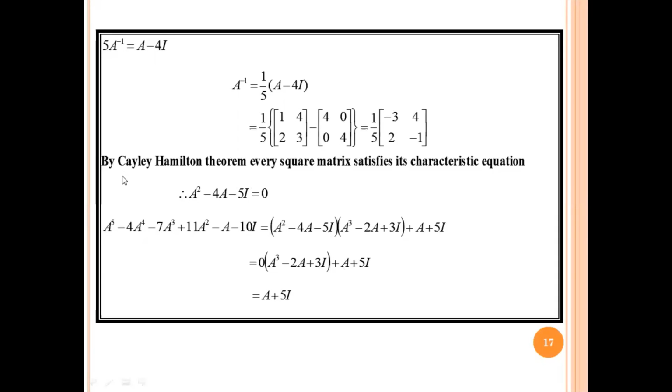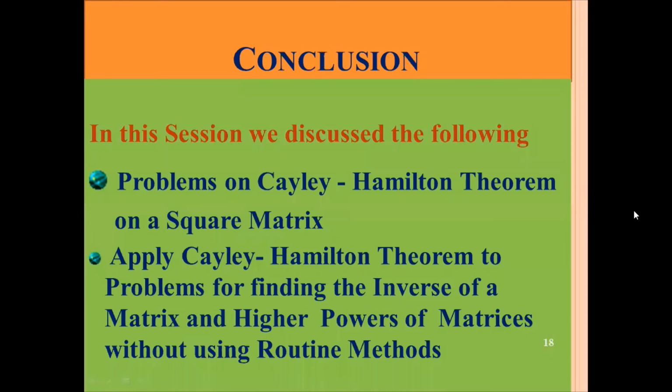This is a polynomial, and directly we got a linear one, means the degree is 1. So finally we converted the given polynomial into a linear polynomial like this, similar to the previous one, by applying the Cayley-Hamilton theorem. Right? This is the conclusion.